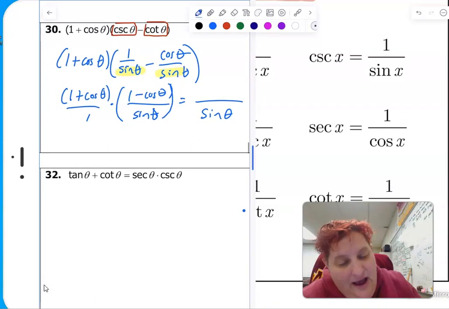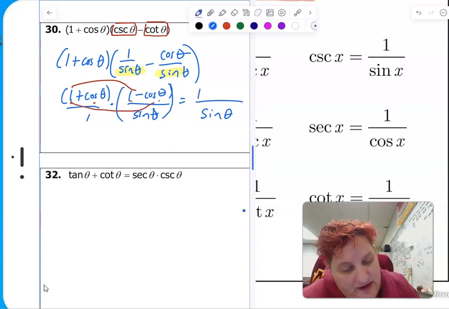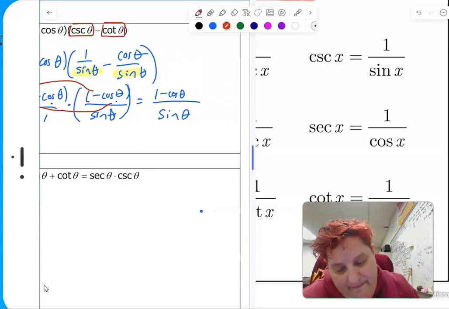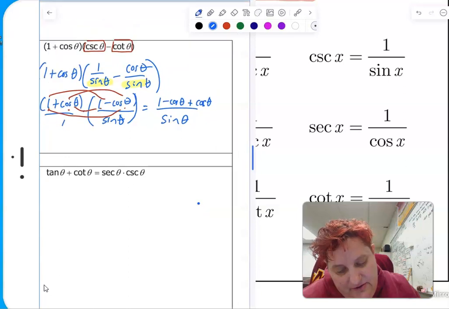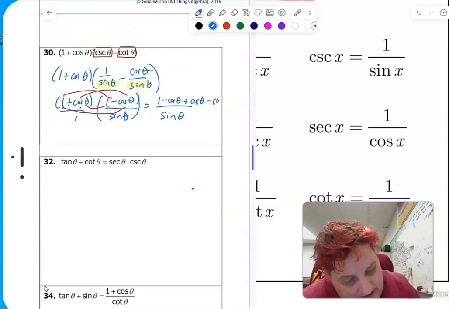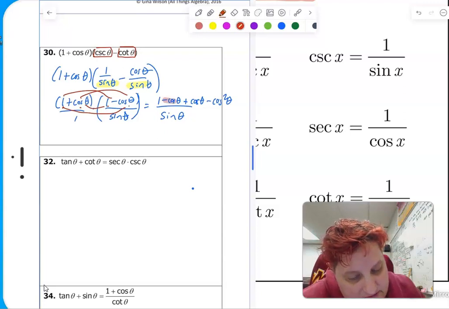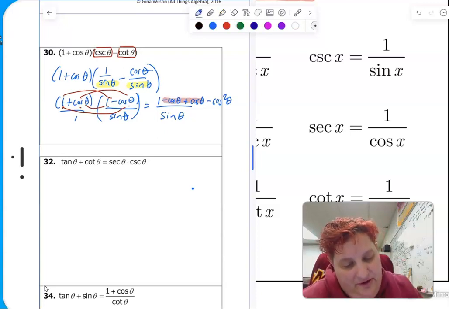Now on the top, I will have to FOIL this. Okay, look, I have 4 parts. First is 1. Outside is minus cosine. Inside is plus cosine. And last, cosine times cosine is minus cosine squared. Now, if you guys notice, this minus cosine and this plus cosine cancel each other out.